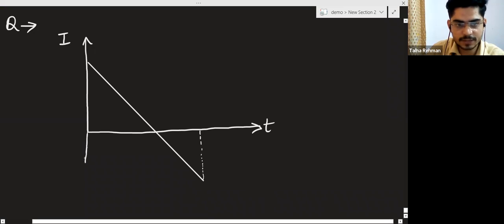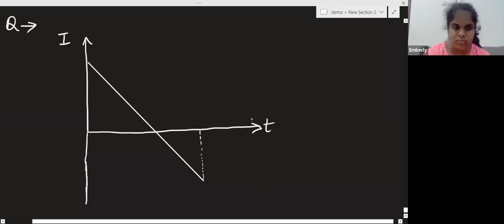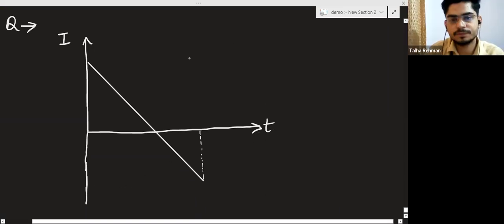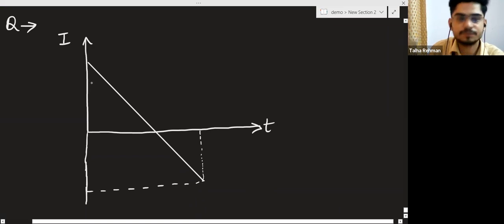This is the y-axis, means on the y-axis is current, and on the x-axis t is the time. So this graph is given as a question. Here the value of current is 10 ampere.